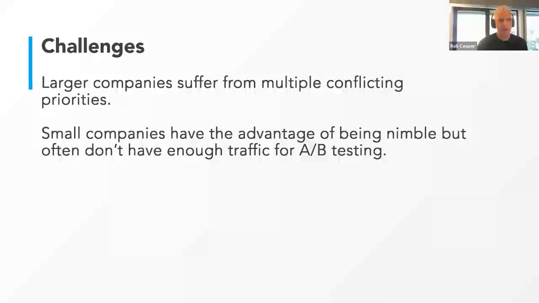A lot of times you see that reflected in a homepage that's just packed with way too much information, which is not going to be effective from a conversion standpoint. On the flip side, small companies have the advantage of being nimble. In fact, small companies are typically way better equipped to implement conversion optimization because they have the ability to make decisions and prioritize without a ton of politics and back and forth.